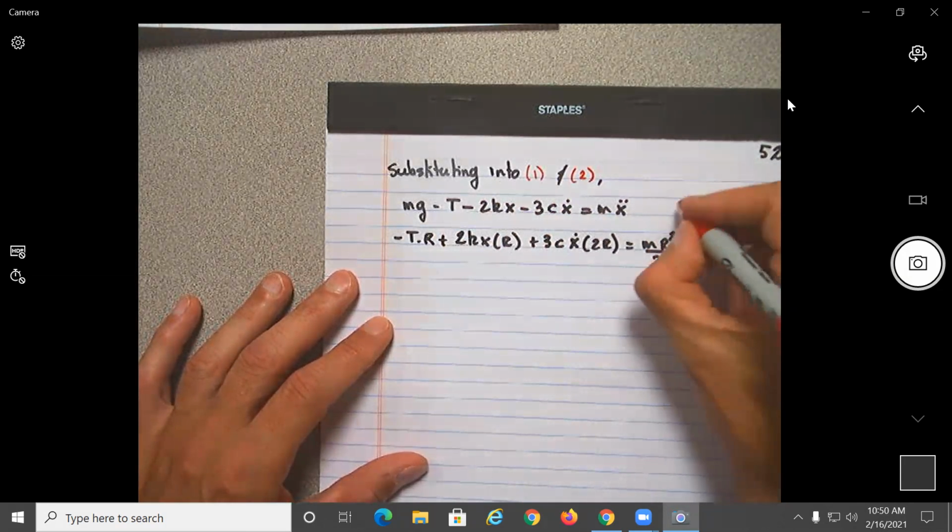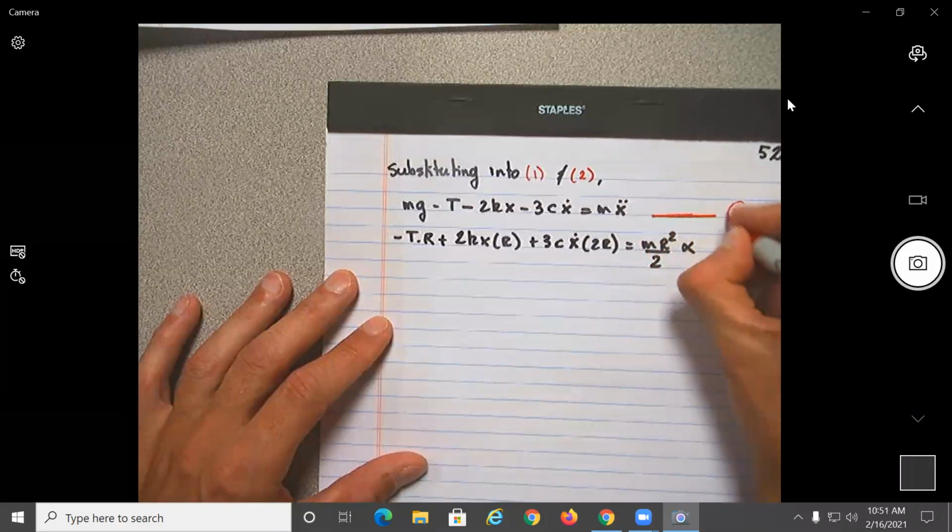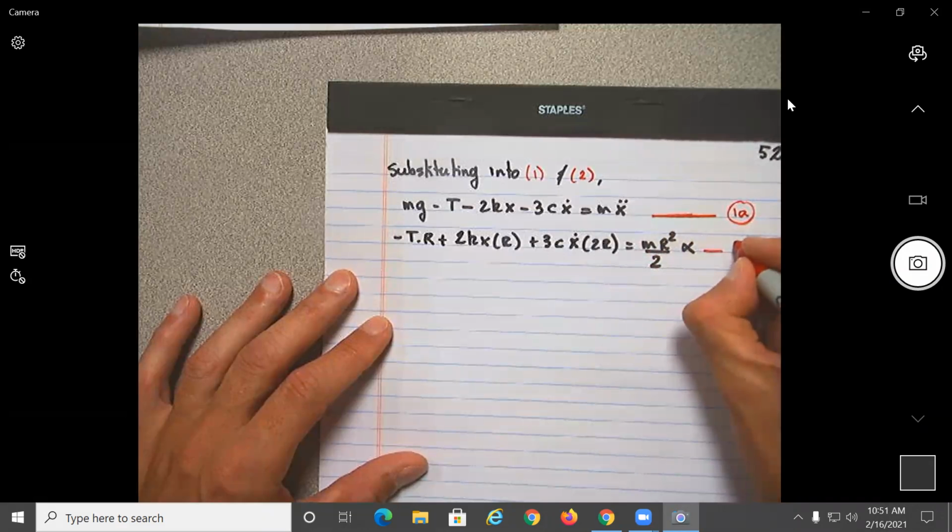So this is still equations 1 and 2, okay? So 1a, 2a, okay? So it's still the same.